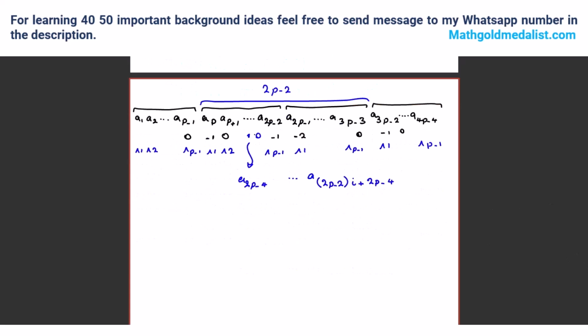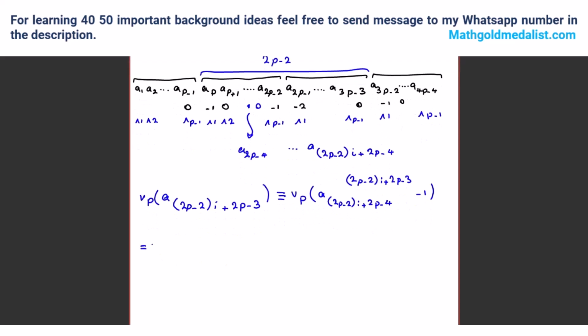Now we should consider the next number that is 0 and apply LTE. We know, so if we consider v_p of a_(i(2p-2)+2p-4) plus 1, at position 2p minus 3, this is congruent to v_p of a_(i(2p-2)+2p-4) to the power of 2p minus 2, by the assumption of the problem, plus 2p minus 3 minus 1.